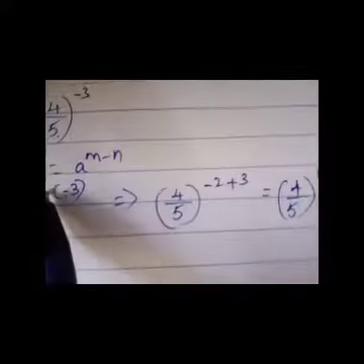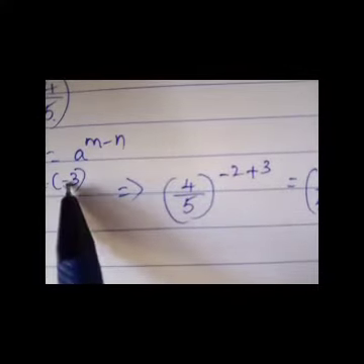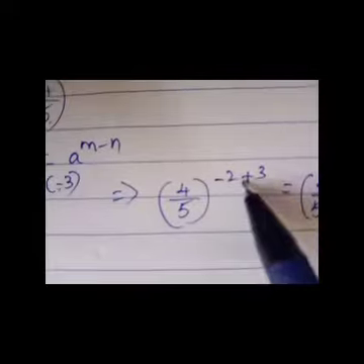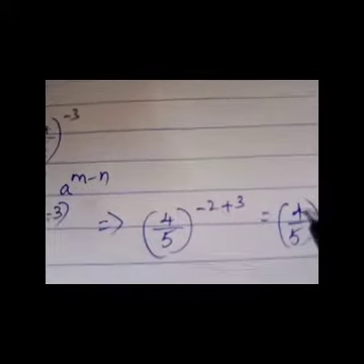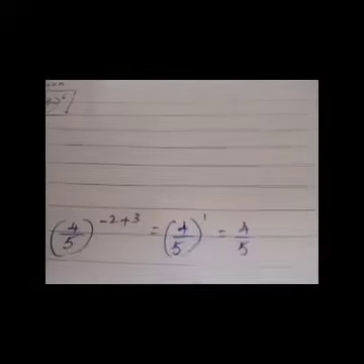Have you understood? Here the number should not have two signs, so you multiply the sign. Minus into minus is plus, so -2 plus 3 gives (4/5) to the power 1. Your answer is 4/5.